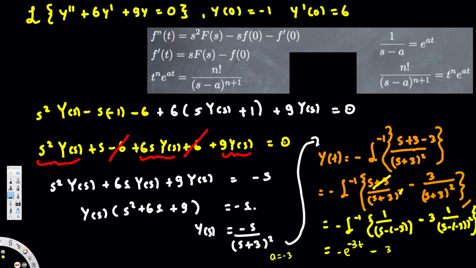And in our case, n is going to be 1, so this is going to be just t right here, because we had t power n when we convert this one into t world. So t power n is 1 less power than this power, so that's just 1. And e power at, a is negative 3 here also, so this is going to be e power negative 3t.